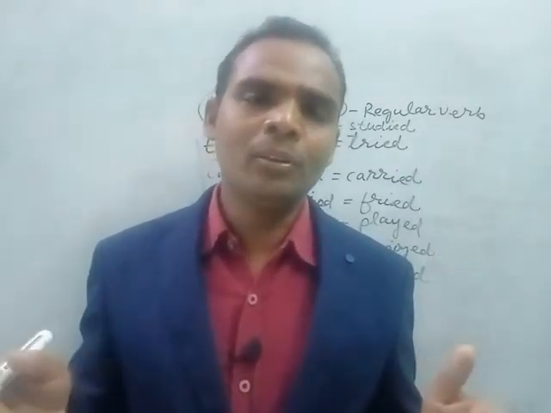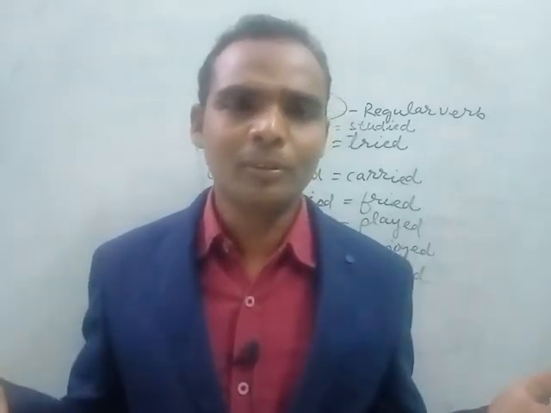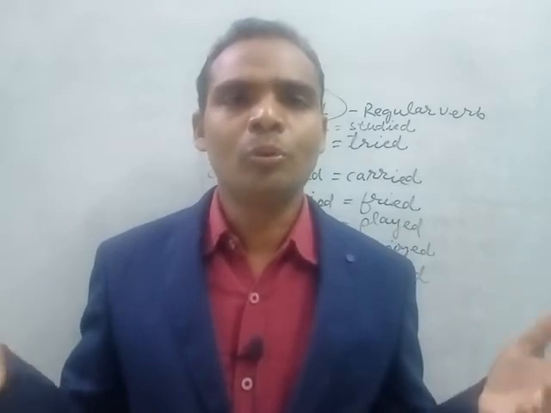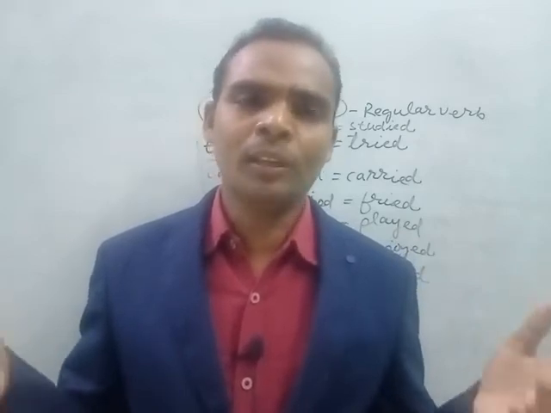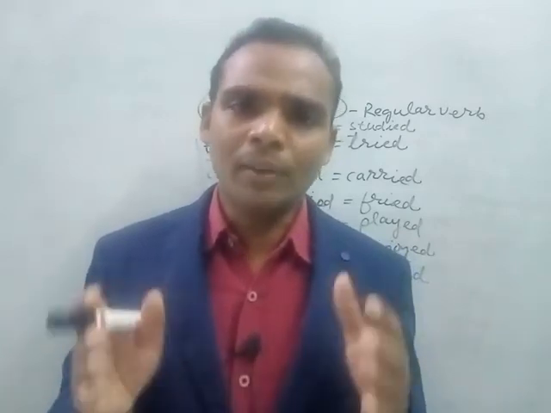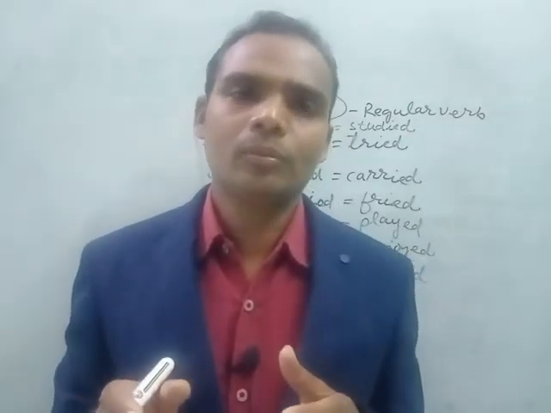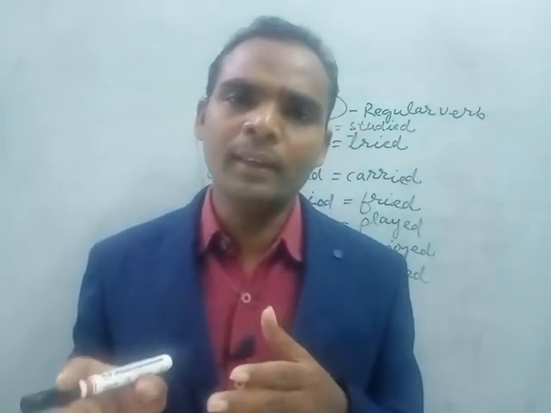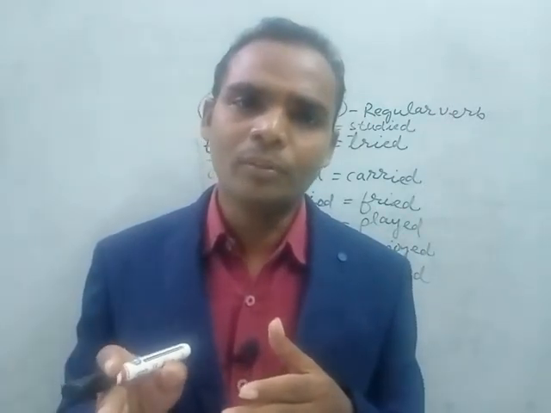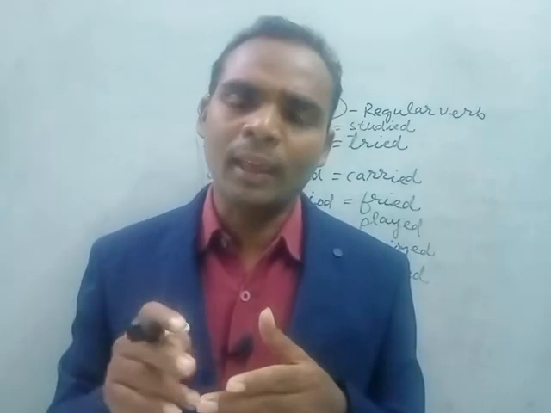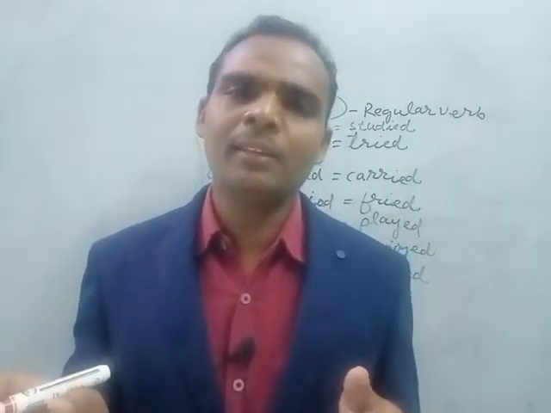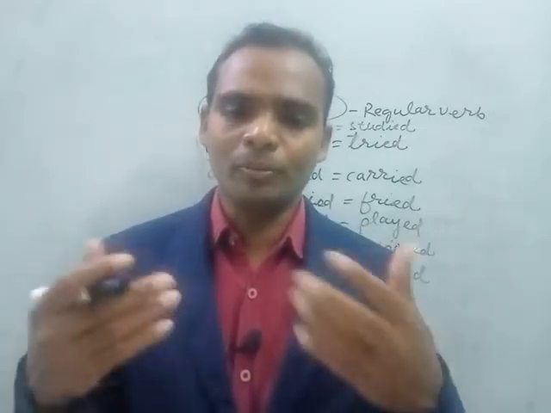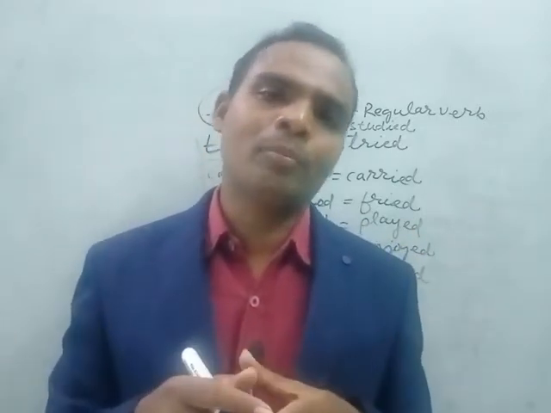If you remember all the irregular verbs, it is helpful for you to use them. I have already told you regular verbs add d, ed, ied. If you don't add d, ed, ied, these are the irregular verbs. I am giving some examples of irregular verbs.